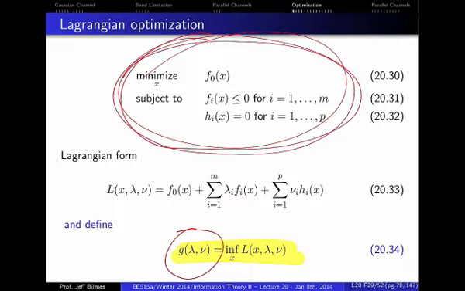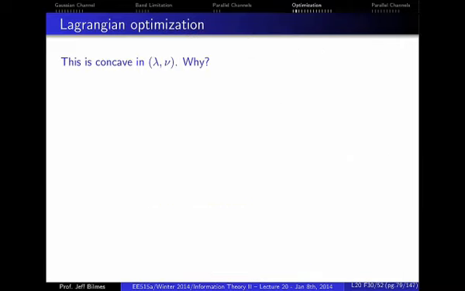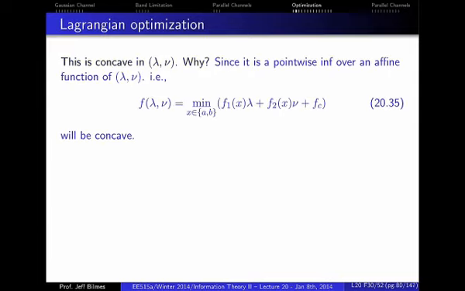The first thing to note is that the dual function g is concave in lambda nu. The reason why is because it's a pointwise minimum over a function that's affine in the arguments of the function. Here's a very simple example.